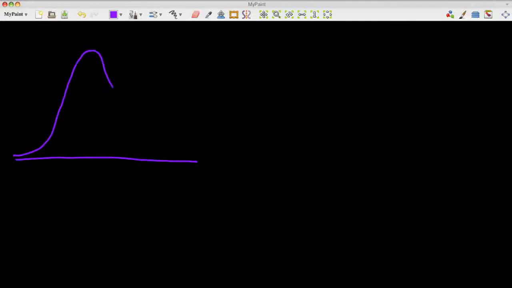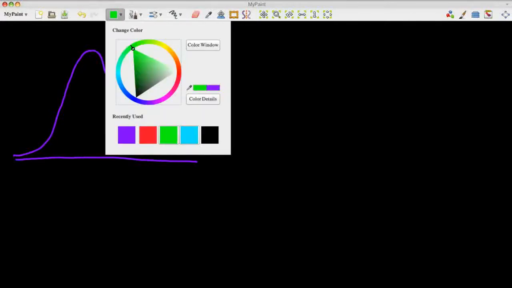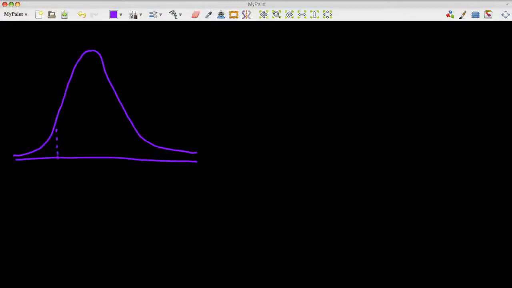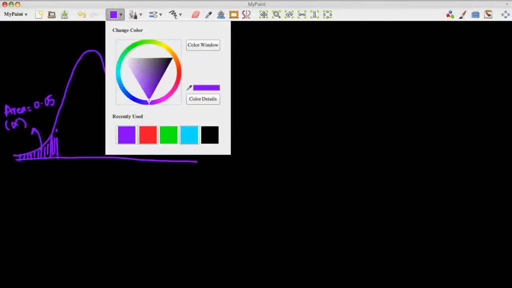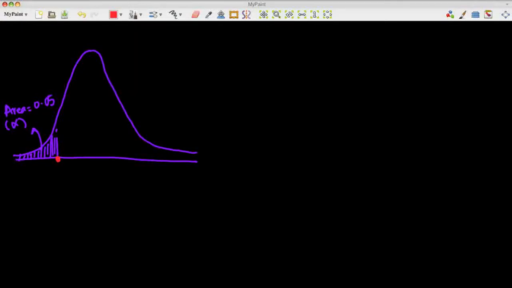And since this is a left-tailed test, the rejection region is on the left-hand side, but the area of the rejection region is 0.05, which equals alpha. The critical value for the left-tailed test is right over there, which is the left critical value.